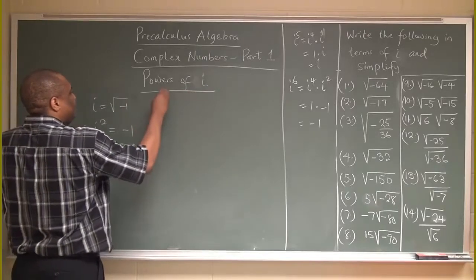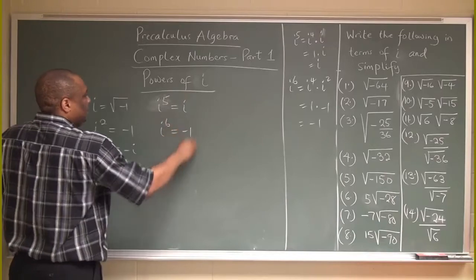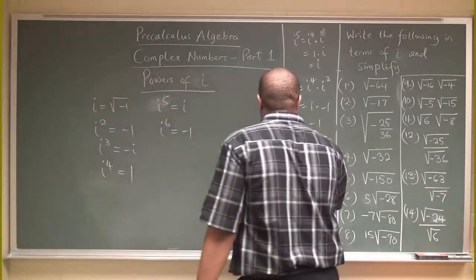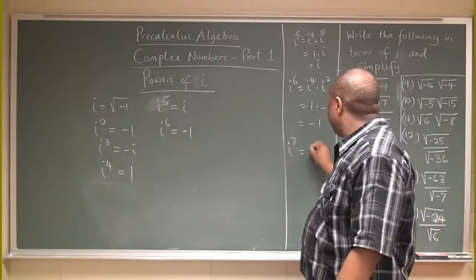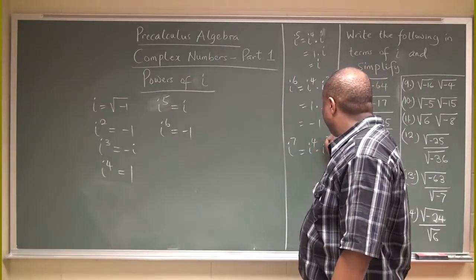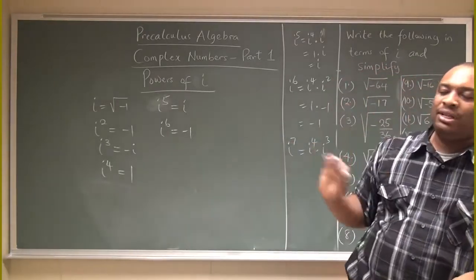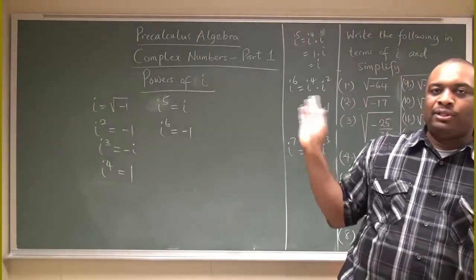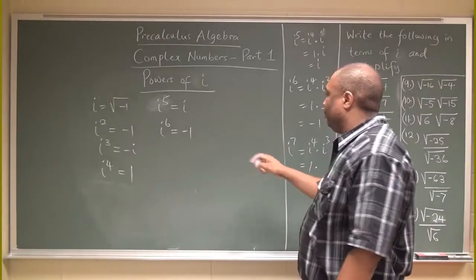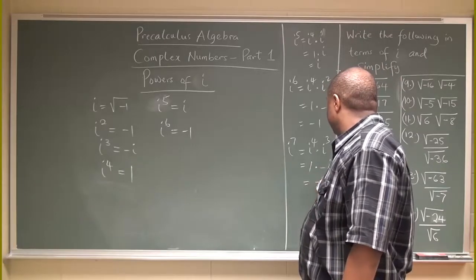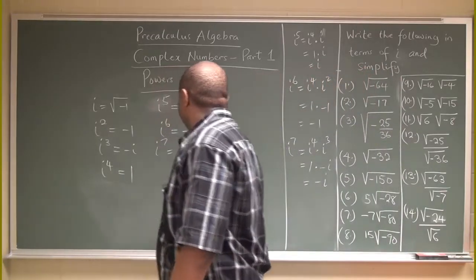I to the 7, we express it in powers of 4. This means I to the 4 times I cubed, because 4 makes it easier for us. Any other high powers, we want to express in powers of 4. So this will be 1 times I cubed, which is negative I. So I to the 7 is negative I.